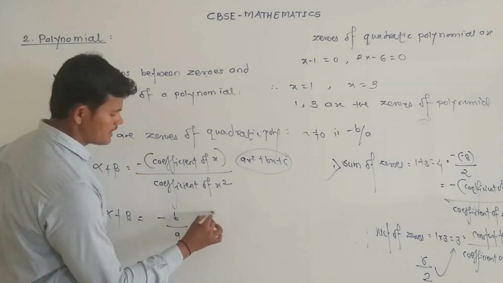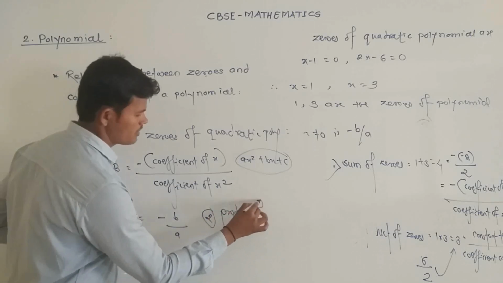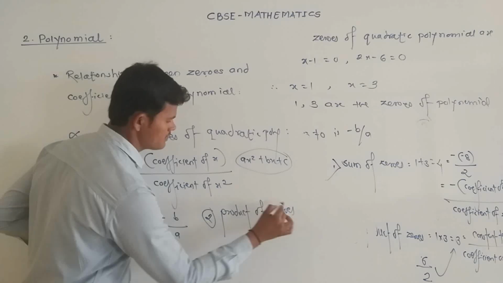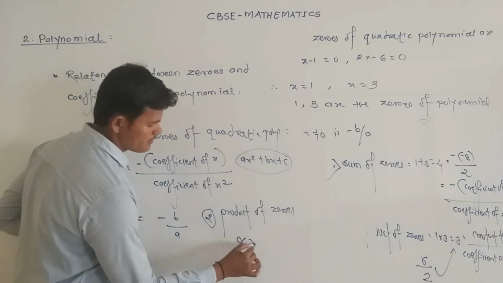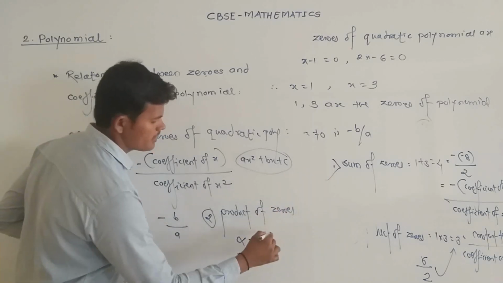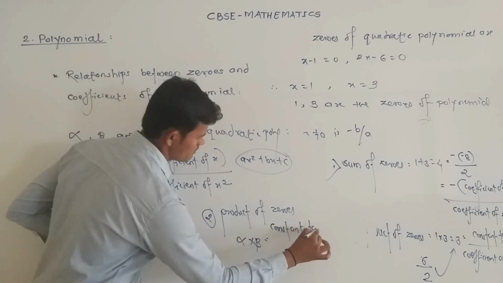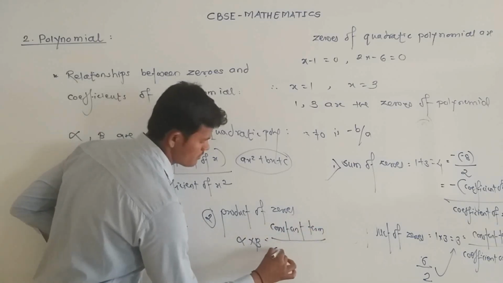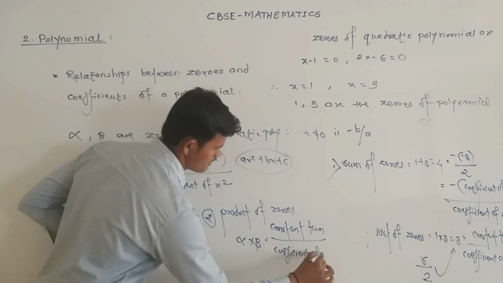And the second relation, the product of zeros: alpha and beta are the two zeros, so alpha into beta is nothing but the constant term divided by the coefficient of x square.